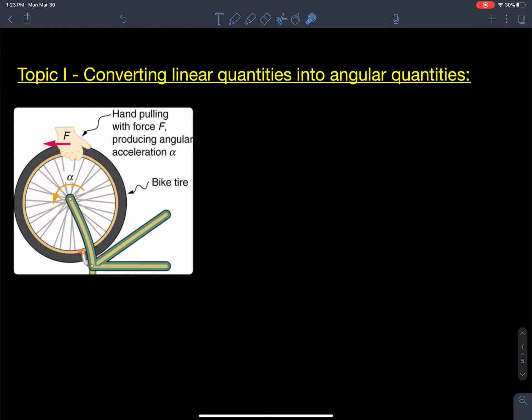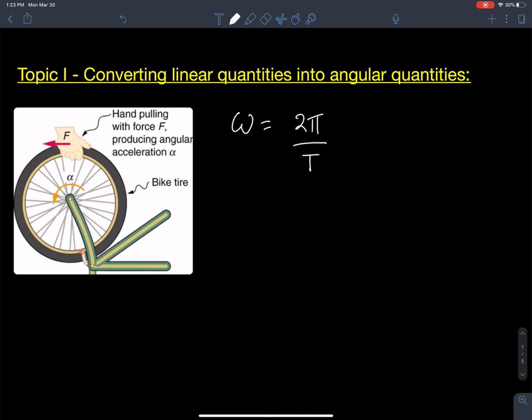So when we're talking about rotational objects, we often use terms like angular quantities, okay? Stuff like angular frequency, which we're going to talk about right now, okay? So something that we've already seen in the past when we talk about angular quantities is angular frequency, 2 pi over the period.